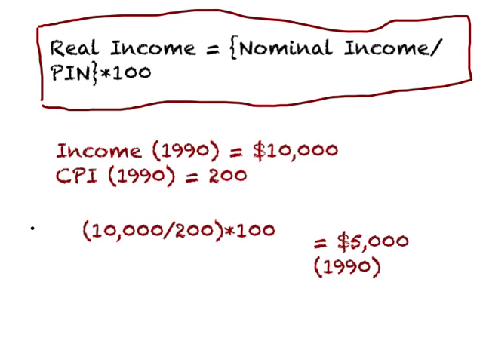Now consider another example. Suppose my nominal income in 2013 is, say, $100,000, and the CPI in 2013, just as an example, equals 3,000. I'm just typing this out so you can see as well.